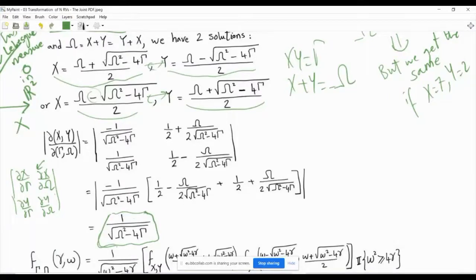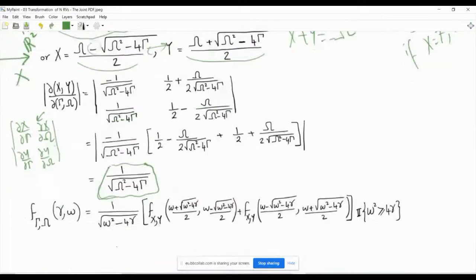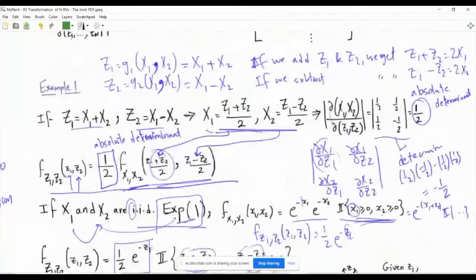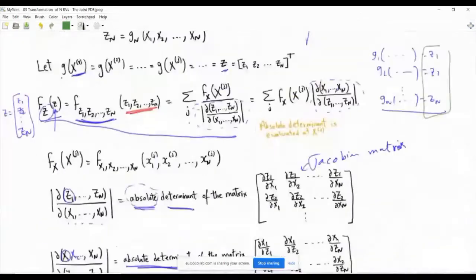Okay, that we have. So now we go and apply the formula. This one. So the absolute determinant is 1 over the square root of omega squared minus 4 gamma. And then we need the joint distribution of the two random variables in the problem, x and y, and we need to replace x and y by z.